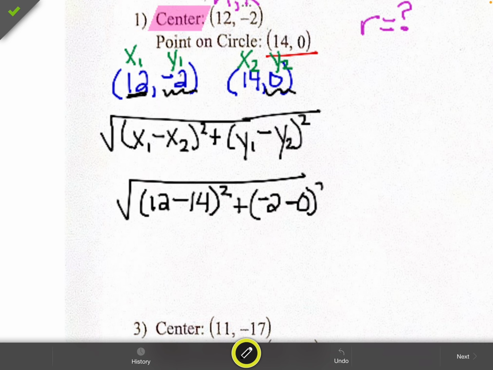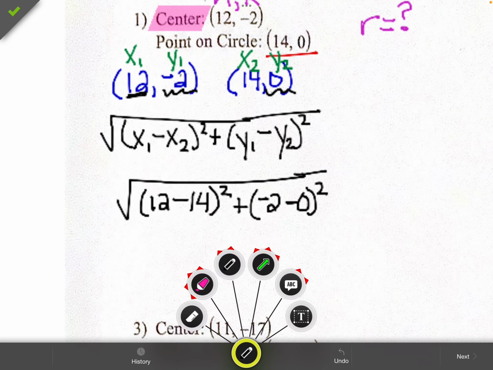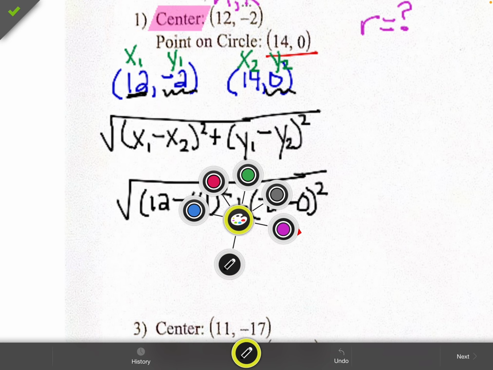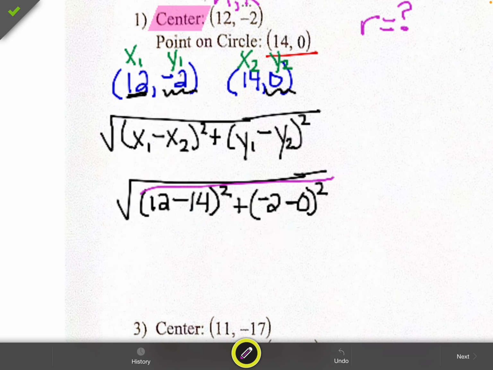And I want to square that. Now, when we go to type it into Desmos, I just want you to type in this part. Don't type in the square root, because you'll see why in a second. If you put the square root over it too, it's going to give you a decimal, and we don't want the decimal right now. So we're just going to type in that part right there.